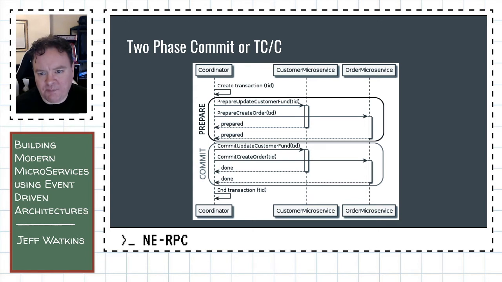But the problem is there's no mechanism to roll back the transaction if one microservice goes unavailable during the commit phase. It really doesn't solve the problem, and you still have to wait until the slowest resource finishes its confirmation. So we can't just place an order, update the customer, update the stock, send delivery through in a single ACID transaction this way, not sensibly anyway.